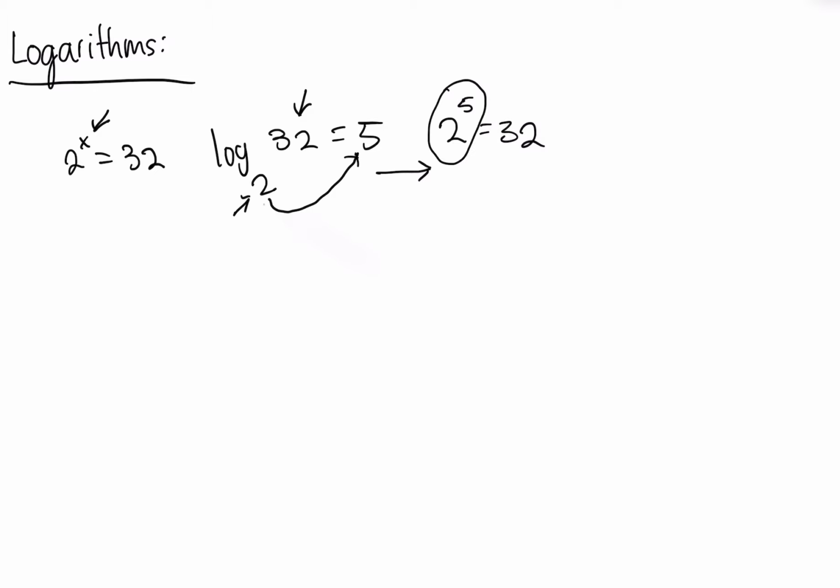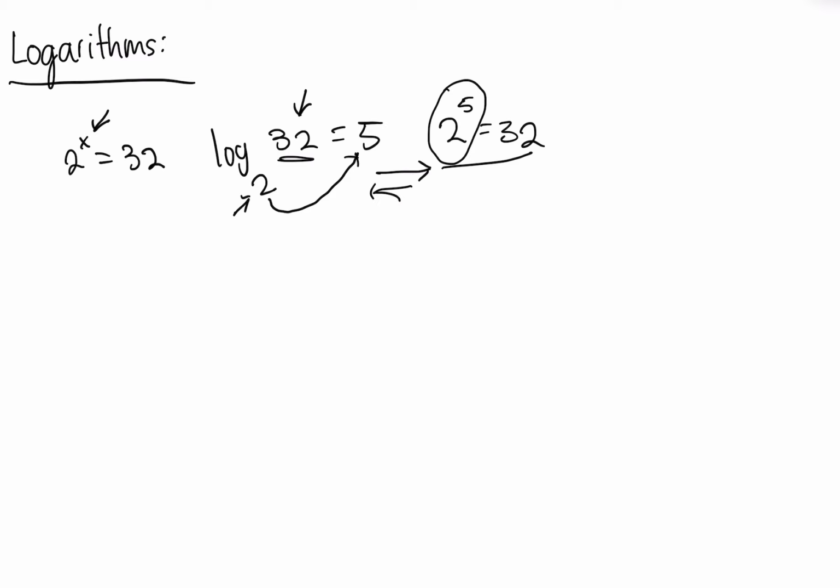So that would be the base to this 5, and this is called the exponent because when you put it into exponential form from log form, it turns into the exponential. And this, the argument, it just stays. So 2 to the 5th power is equal to 32. Now to get from exponential to log, it's just vice versa. You do the opposite.